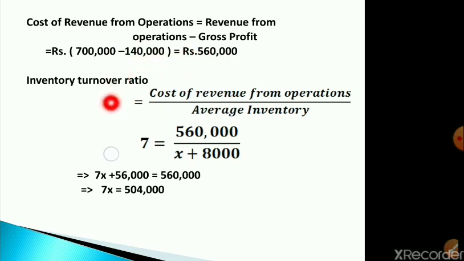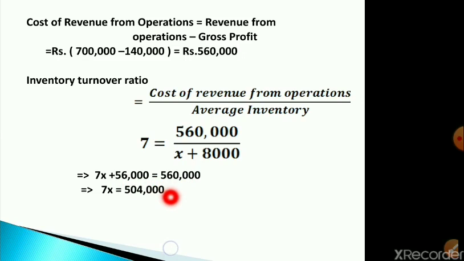Now putting it in the formula, inventory turnover ratio is equal to cost of goods sold divided by average inventory. So inventory turnover ratio is given as 7, that is equal to COGS amount 5,60,000 and average inventory is X plus 8,000. Now cross multiplying, we'll write on the left hand side 7X plus 56,000, that is 7 into 8,000 is 56,000, is equal to 5,60,000.